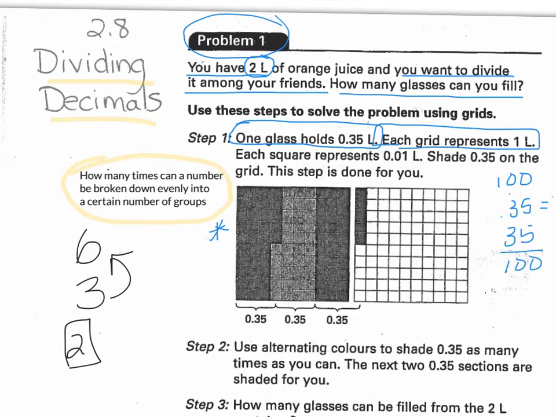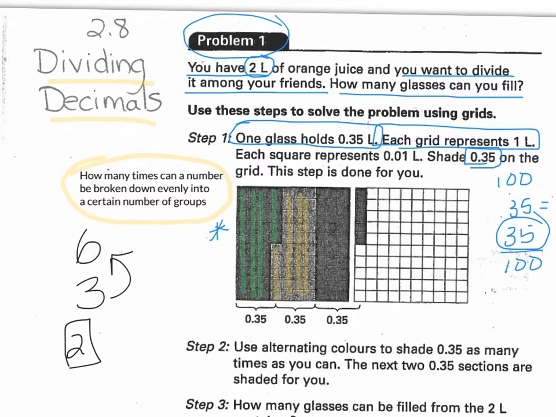So I'm going to shade in 0.35 or 35 units or squares on these grids. There's 10, 20, 35. That's 1. 10, 20, 35.